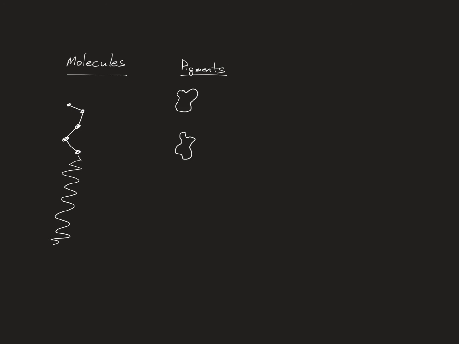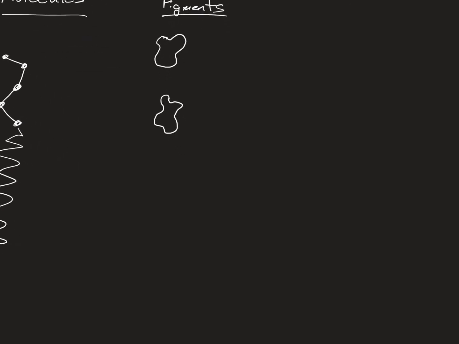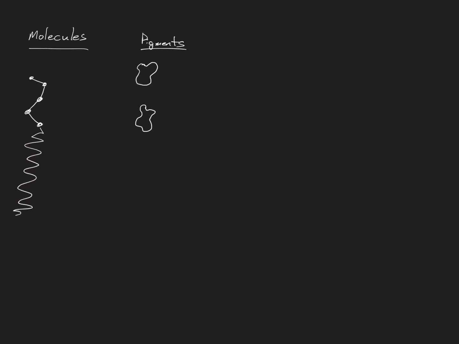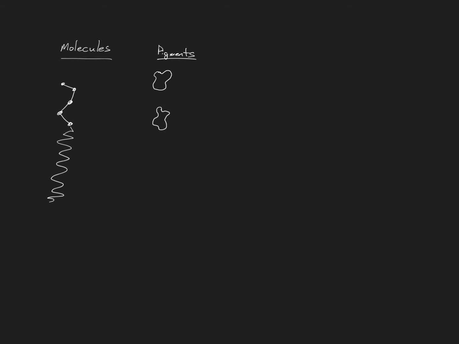Well, we can use pigments to paint, can't we? Pigments are added to paint, and paints can be all kinds of different colors. And each color is a combination of different molecules that absorb certain lights.